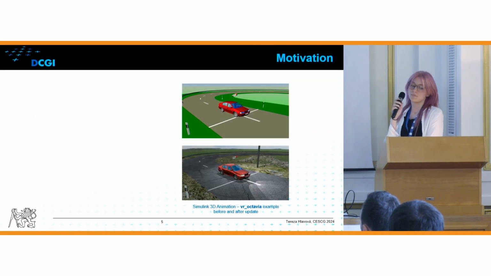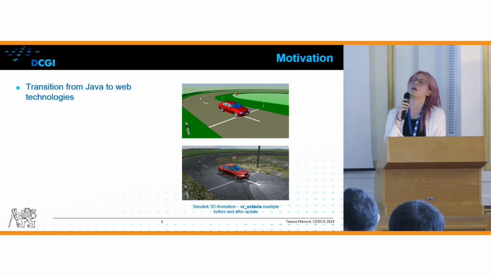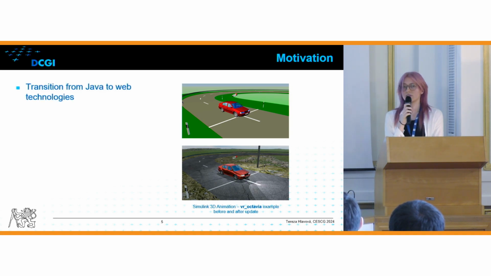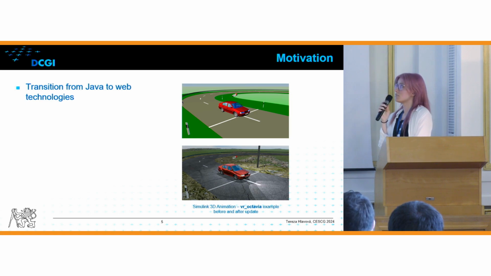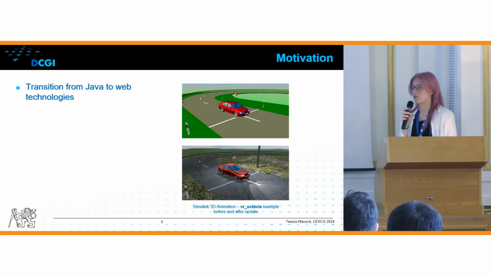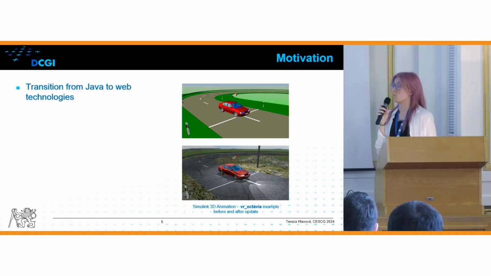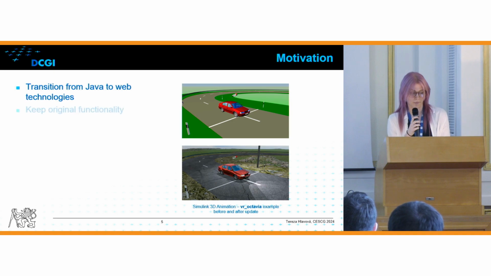The main motivation for this work was that there has been a push in MATLAB toolbox development to transition user interfaces and other graphical elements to not use Java and other third-party technologies, but to transition this to web technologies. The original Simulink 3D animation uses Java and OpenGL for rendering.